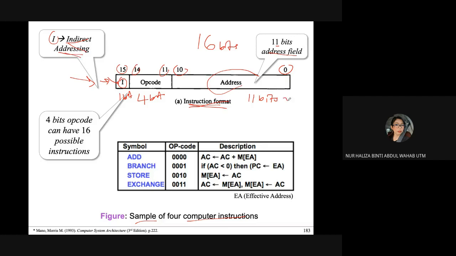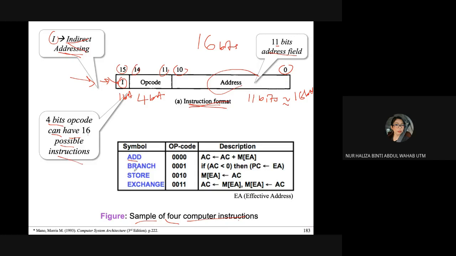So altogether it is 16 bits. So the 4 bits for your opcode can have 16 possible instructions. Okay, so this is the instruction format, and you can see there are also 4 samples of your computer instruction.